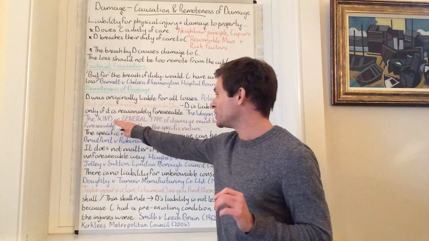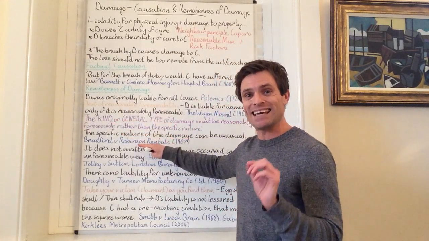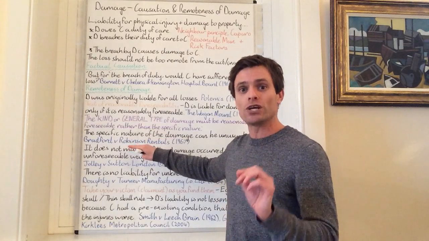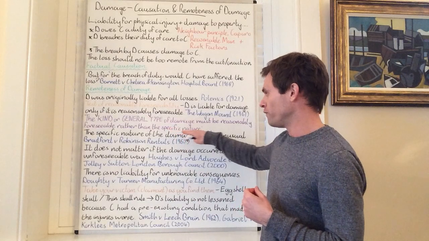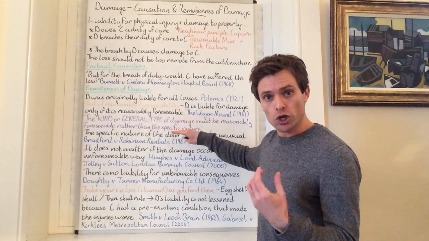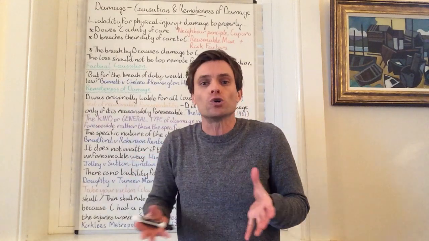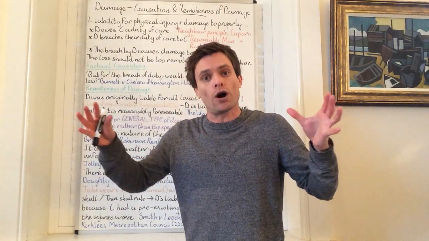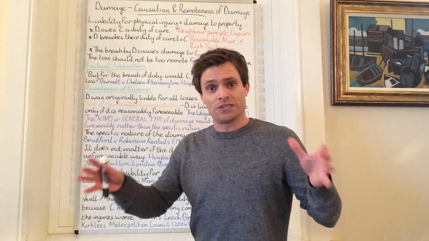So could the kind or general type of damage be foreseen by the defendant? The answer is yes. A cold injury could have been foreseen. Yes, the specific nature of that injury is unusual. In this particular case, it was frostbite. Nevertheless, that falls under or into the scope of the general type of or indeed kind of damage.